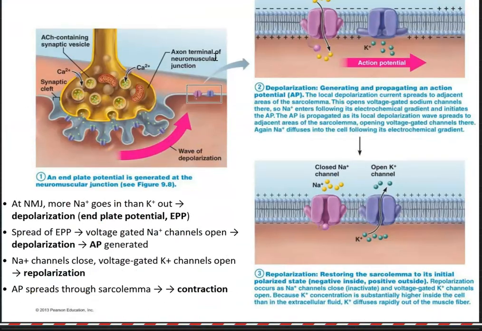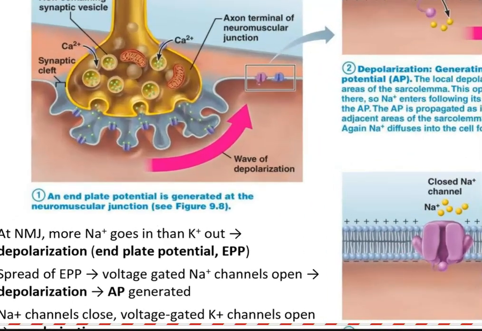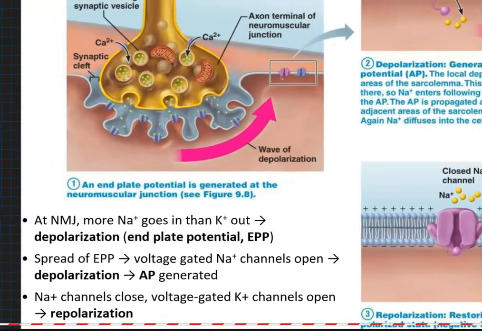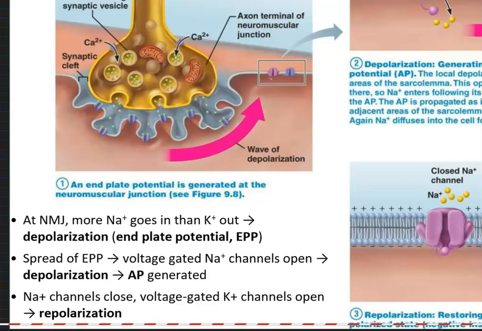So as we just mentioned, the diffusion of sodium into the cell results in the depolarization of sarcolemma and formation of so-called end plate potential. End plate potential is graded potential. You may remember graded potentials are different from action potentials, because graded potentials do have a value.